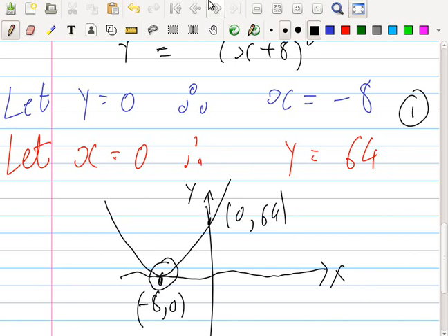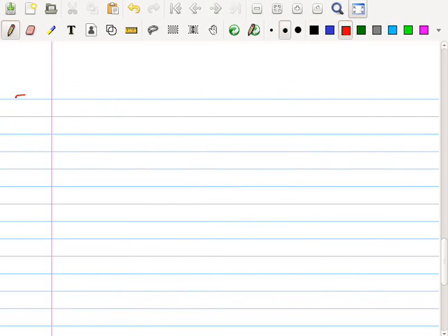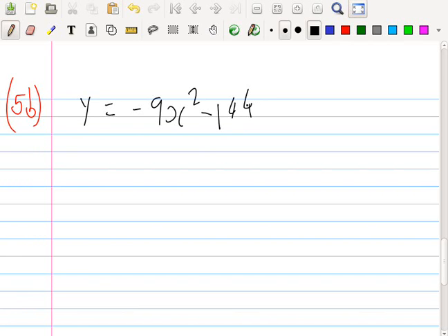Okay, next one now. 5b, y equals minus 2x squared plus 32x plus 137.